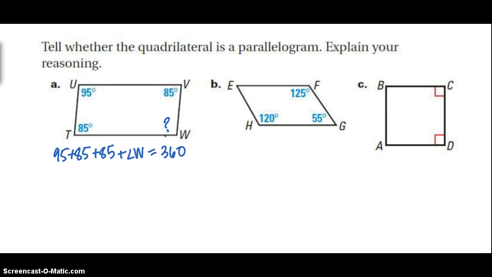So add those numbers up and you get 265 plus angle W equals 360. Then subtract 265 from both sides, and you get that angle W is 95 degrees.